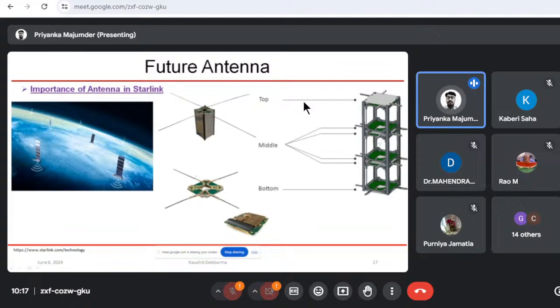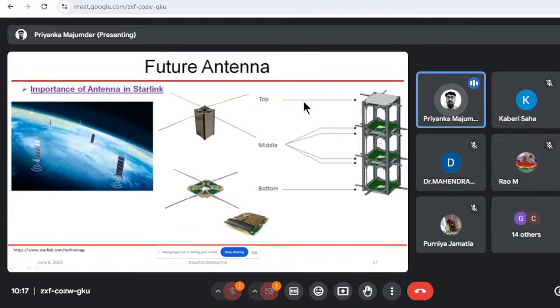What is a CubeSat? A CubeSat is basically a bunch of unit cells. How we can define this unit cell is that if you pay attention to the extreme right of the screen, you have a frame-like structure. This is a frame of an actual satellite. So this is called a 3U, a 3-unit cell satellite. Why?